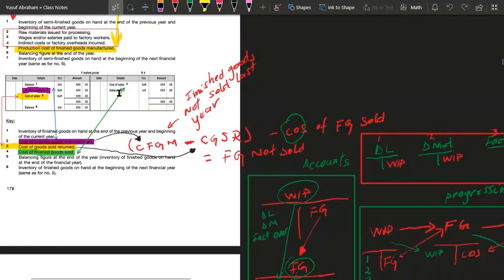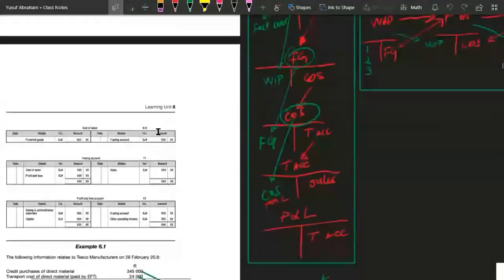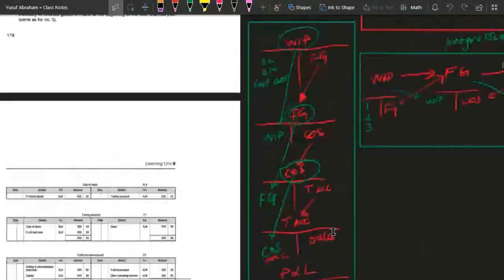But the balance will be 2, right? Because 2 shirts will not be sold this year. That's the purpose of the balance here. We are balancing what exactly we sold, what we didn't sell. Making sense? Okay, so basically now you can understand the progression.